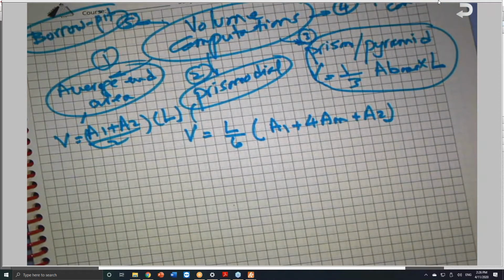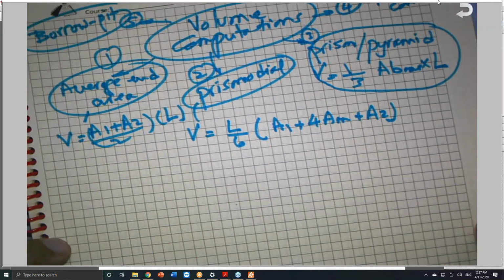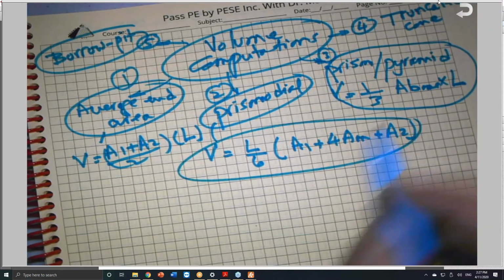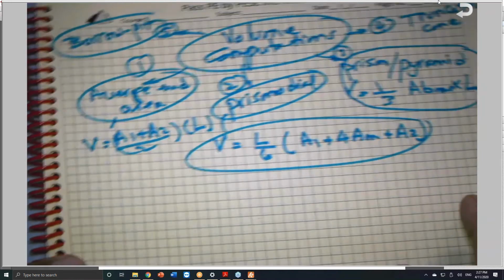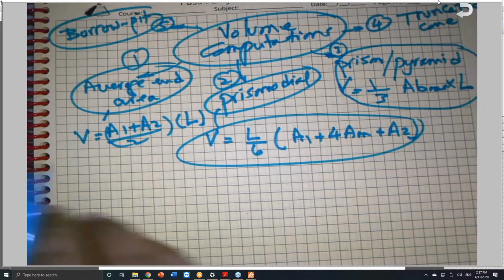This is the equation that we learn in school, and it's still the same equation. So the volume, either this or this or this, you have to decide very quickly during the exam which method should be used.